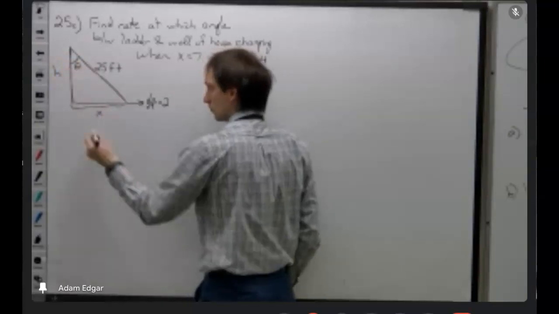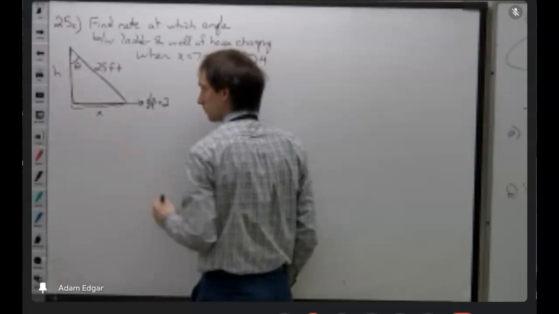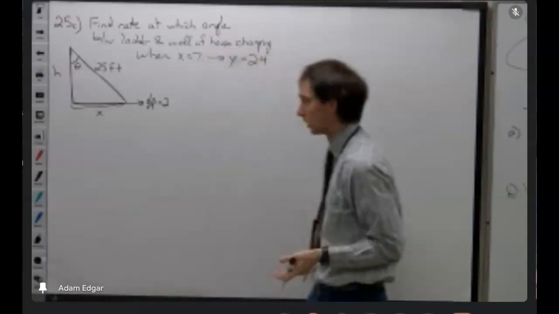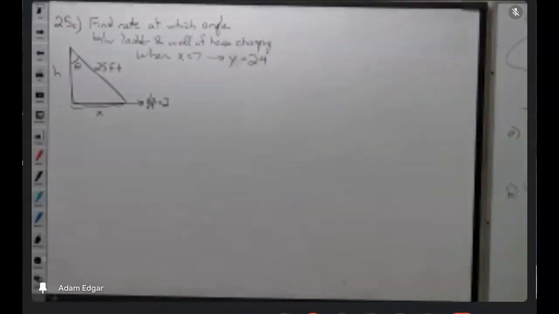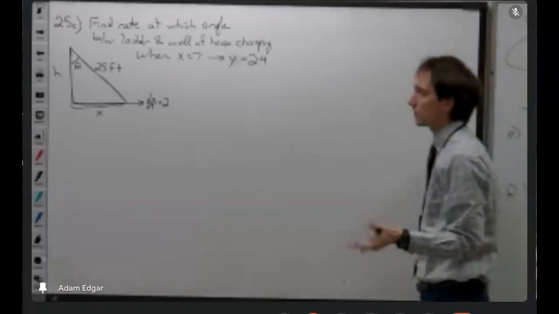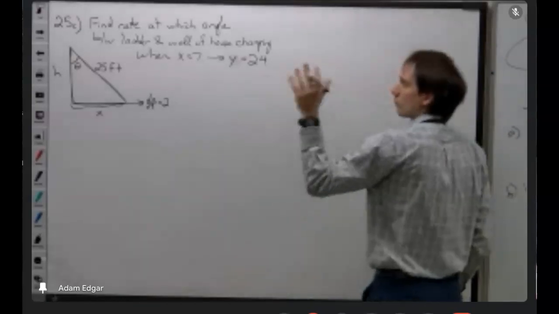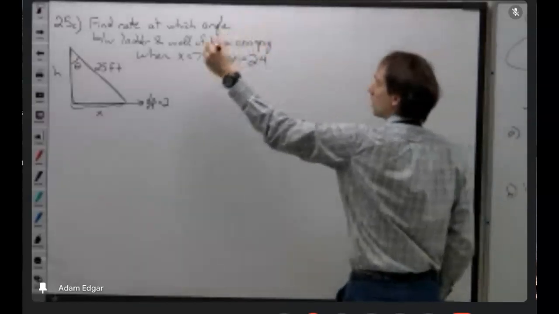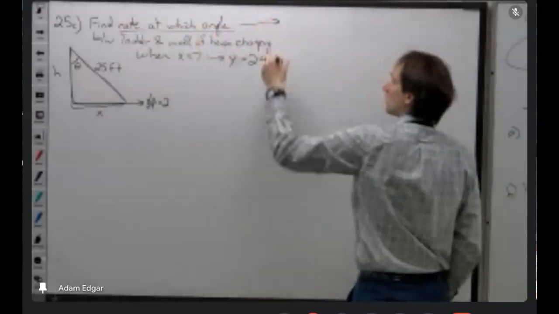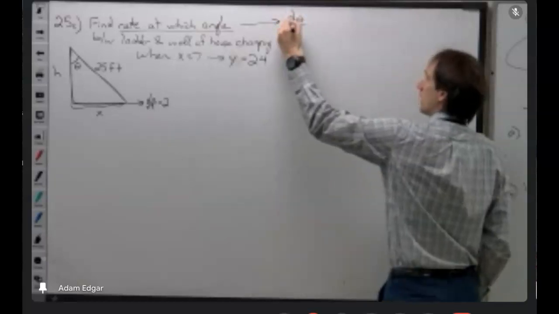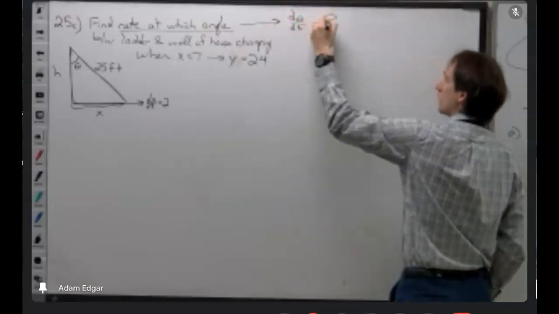What's this side? That's the ground or the floor. So not the wall and not the ladder. So between the wall and the ladder, that's up there in the top left corner, that's your theta. And we want to find the rate at which that angle is changing. What do we call that? d theta dt. So our goal is to find out d theta dt.